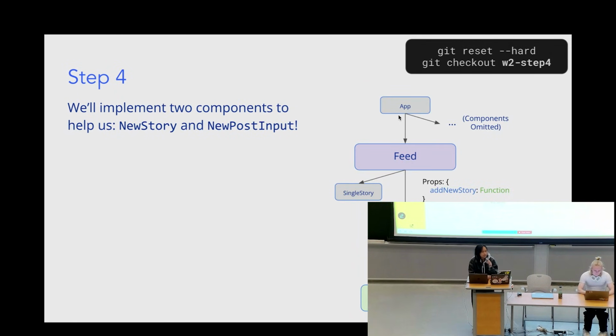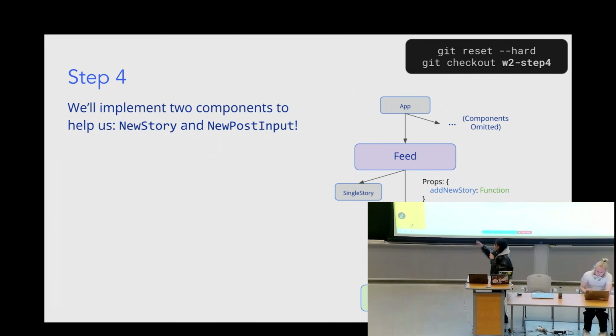This step is going to be a little confusing, especially with the flow of information and what's happening here. So I'll be sure to go through each and every sub-step of this and explain what's happening. But as a general overview, first, down here in the new post input component, this is where we're going to be receiving the user input from the website.